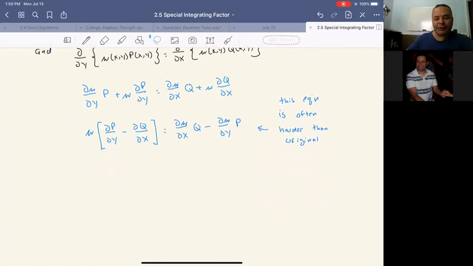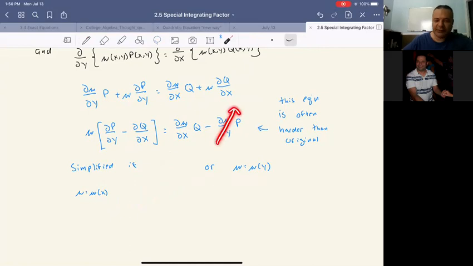So this is simplified if mu is just a function of x or mu is just a function of y. Okay, if mu is just a function of x, then what's going to happen?